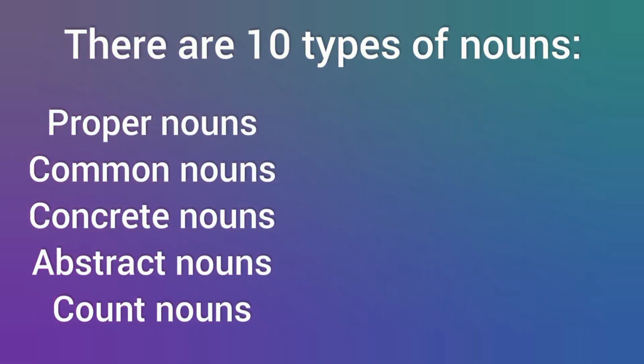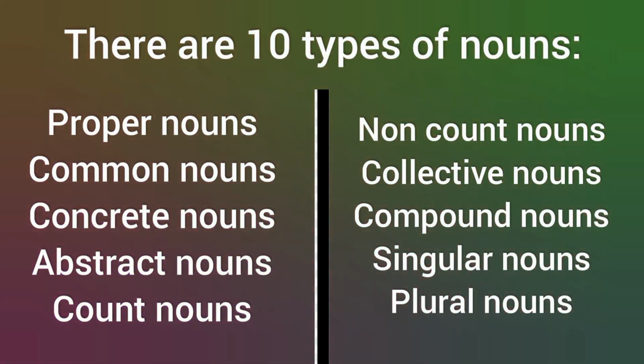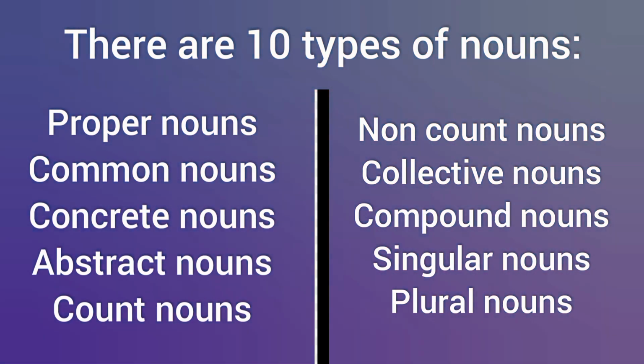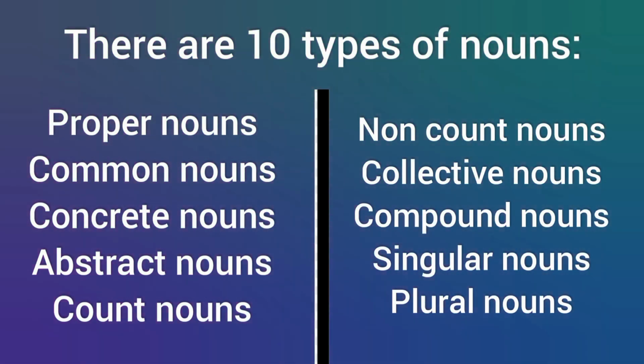There are 10 types of nouns: proper nouns, common nouns, concrete nouns, abstract nouns, count nouns, non-count nouns, collective nouns, compound nouns, singular nouns, and plural nouns.